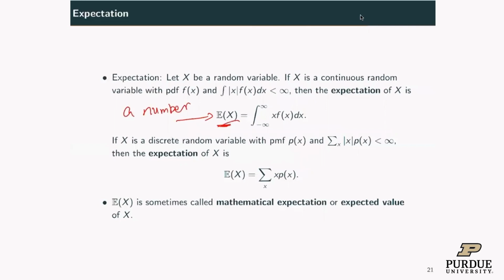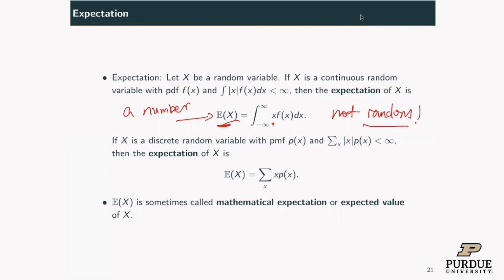So this expectation is a number, not random. X is a random variable. The expected value of x is a number. The definition is this integration. So don't forget this x. Otherwise, you always get 1.